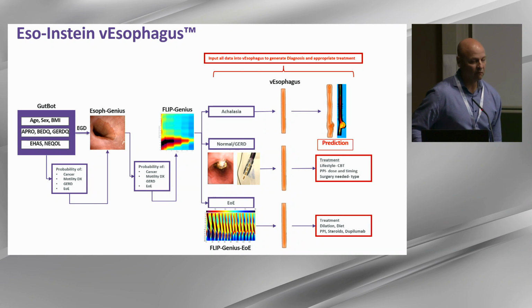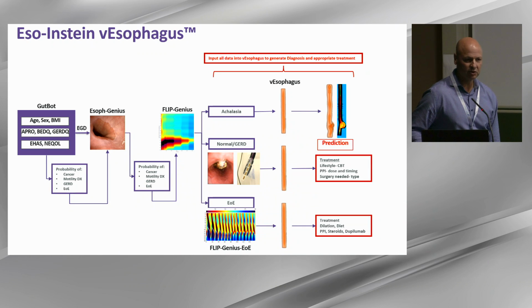We have very, very good PROs and quality of life measures, and we've got AI now that can synthesize that and give you a pretest probability of what they think is going on. You can combine that with an AI platform focused on the esophagus and that endoscopy that can also inform and give you a pretest probability.